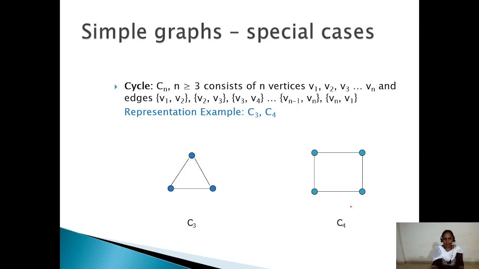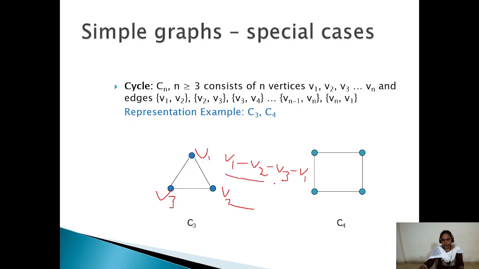Next, cycle. What is a cycle? See, this is one cycle. One cycle means this is V1, V2, V3. Tell me the path: V1 to V2, V2 to V3, V3 to V1.